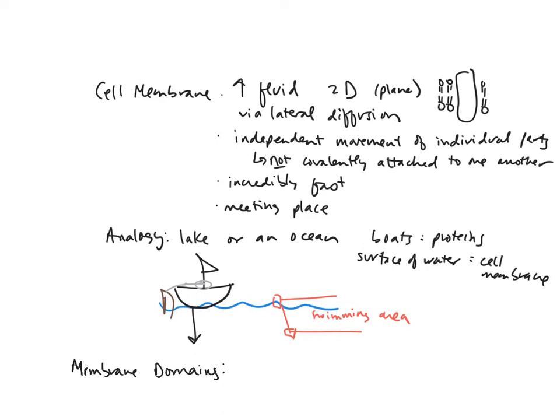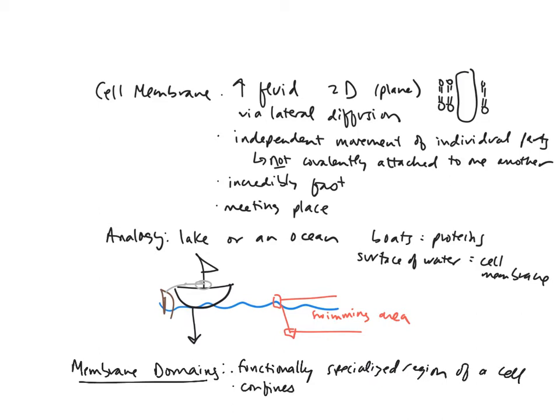Instead, a membrane domain is a functionally specialized region of a cell, and this confines certain proteins to specific locations.